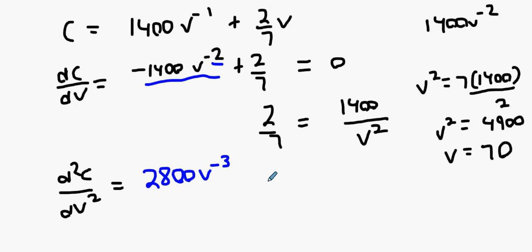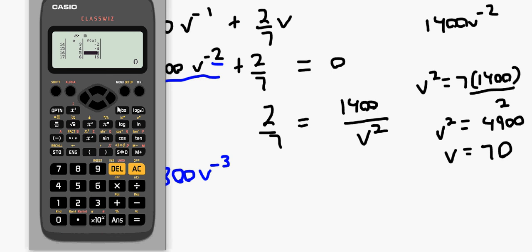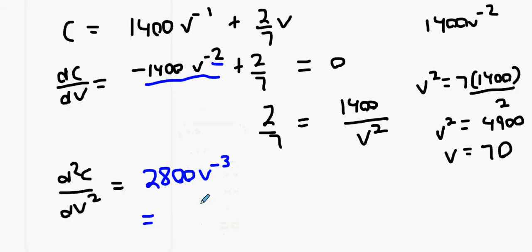Sub in v equals 70, and it's definitely positive, isn't it? So what does that mean? Minimum. You picked me an easy one, buddy.